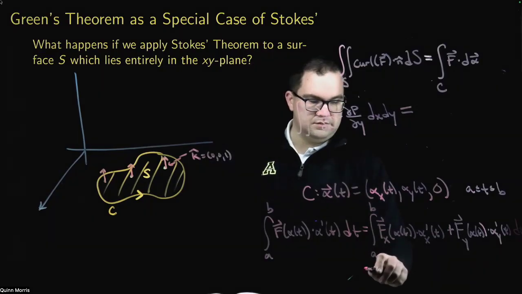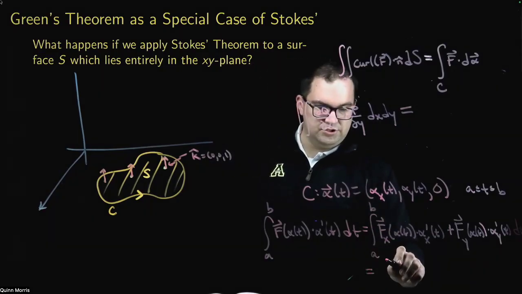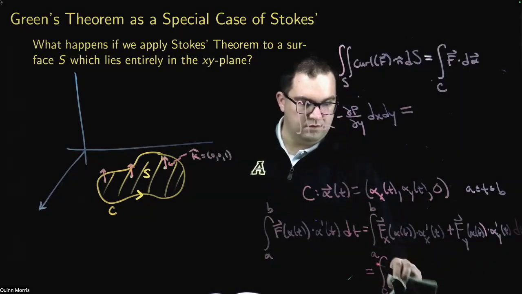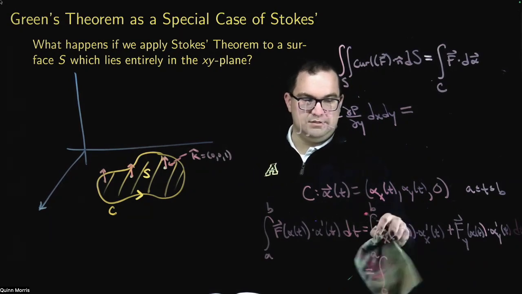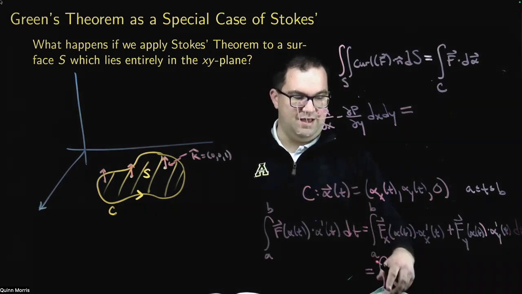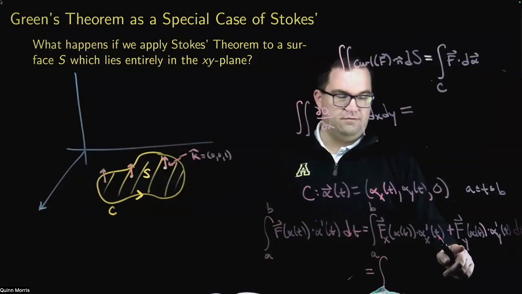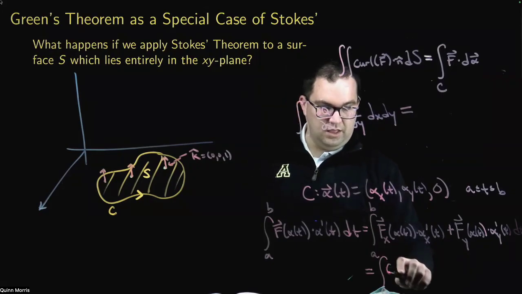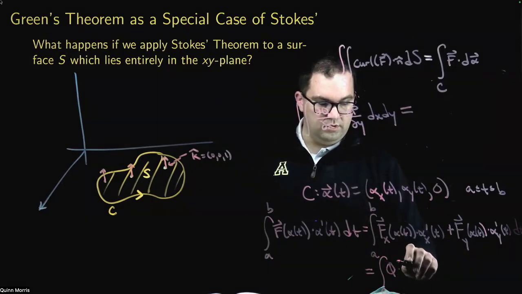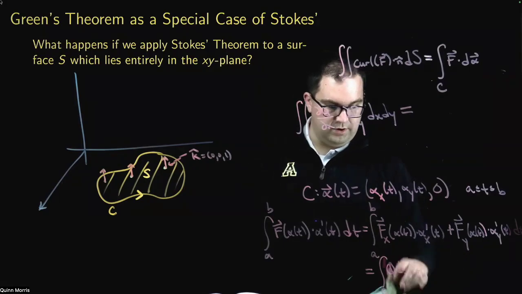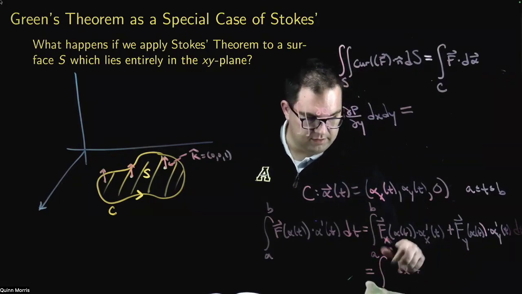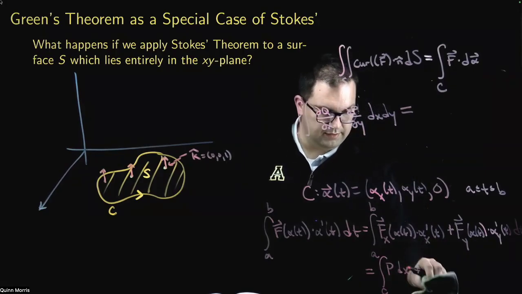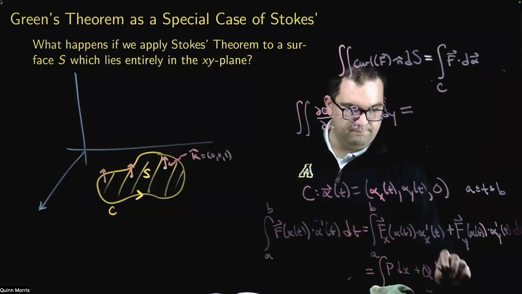And you end up with this, which, what is this? Well, this is really just the line integral of f. We have a name for these components: the x component of f is just P, and the y component of f is just Q. And so what you really have is the line integral of P dx plus Q dy.